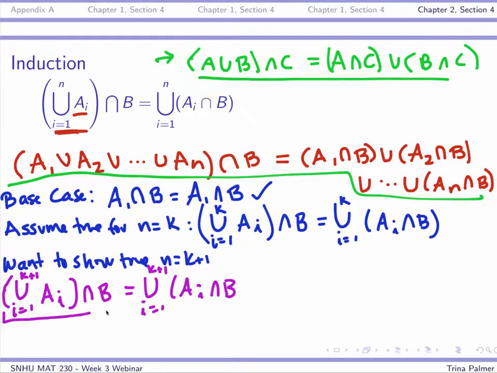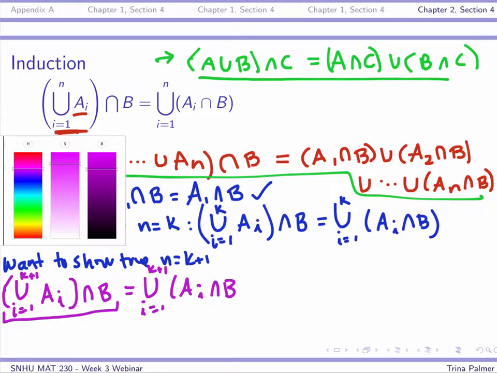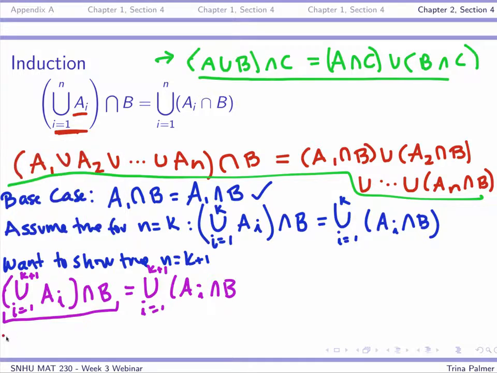Let's work with this left side and show that we can get to the right side. The union from 1 to k plus 1 is the same as the union from 1 to k of AI union with A k plus 1. So I'm just pulling off one of those sets, and we're intersecting that with B.